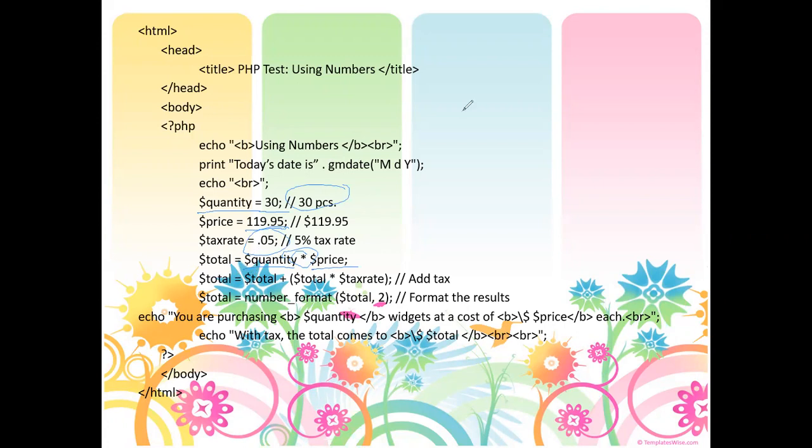And then, aside from that, dollar total is equal to dollar total plus total times tax rate, because I need to add the tax. And then, so that I have a comma, so number format here, that will allow me to use a comma.